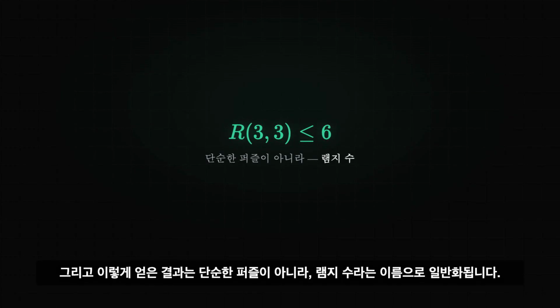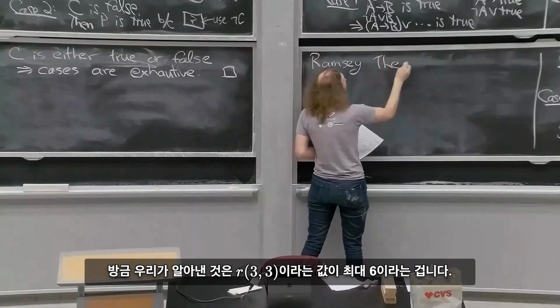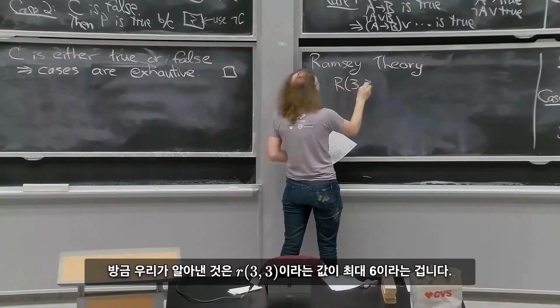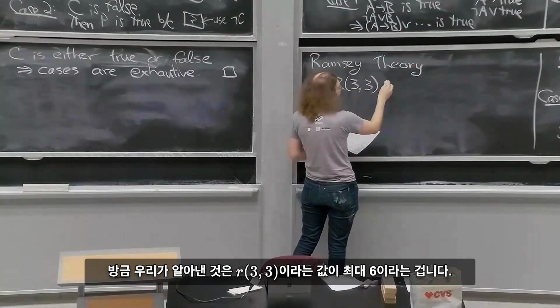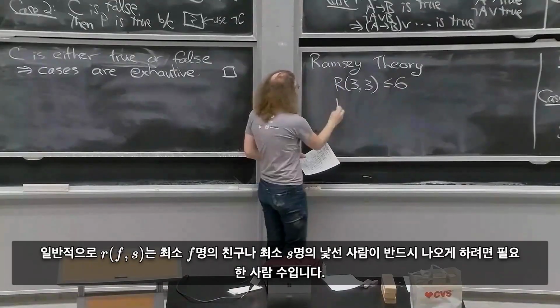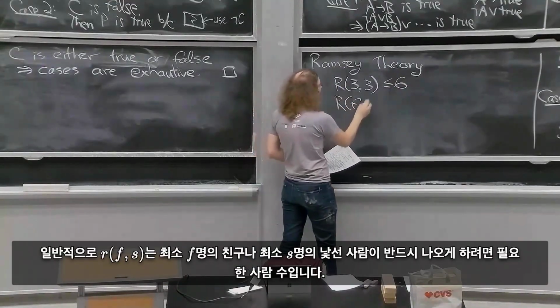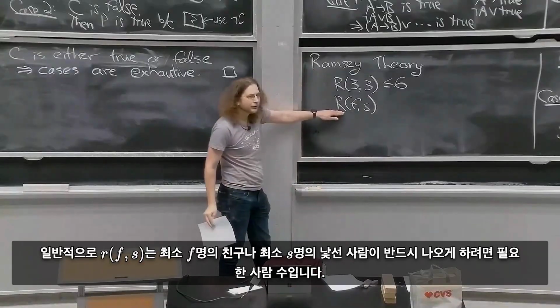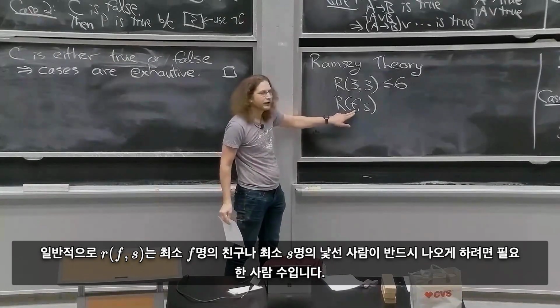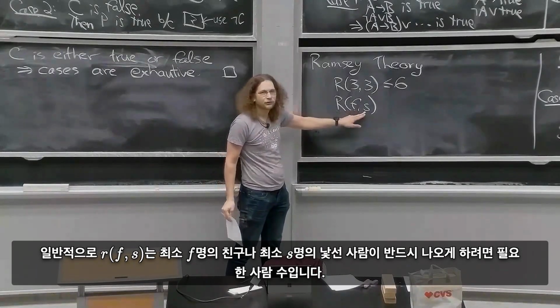그리고 이렇게 얻은 결과는 단순한 퍼즐이 아니라 램지수라는 이름으로 일반화됩니다. What we've just found is that something called R of 3, 3 is at most 6. In general, R of F, S is the number of people you need in order to guarantee that there's at least F friends or at least S strangers.